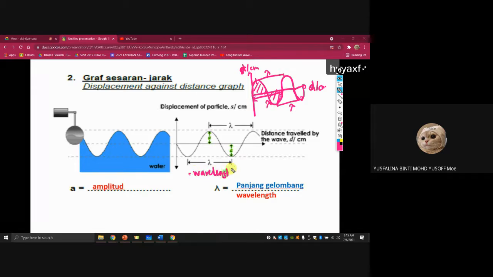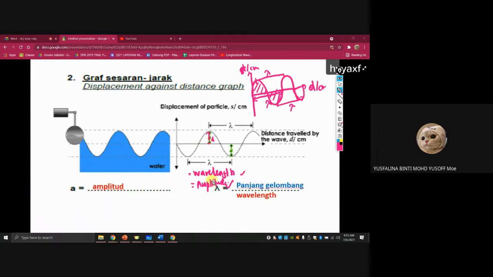Another one that you can get is the amplitude here, just like displacement against time. So displacement against distance, you can also get the amplitude. So displacement against distance gives only wavelength and amplitude, but displacement against time gives period, frequency and amplitude.